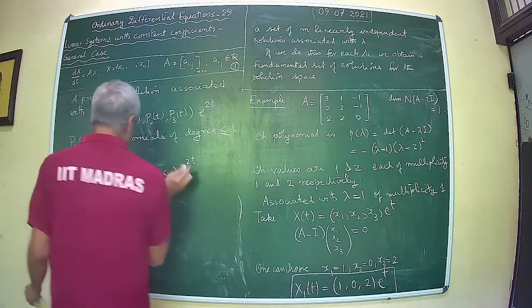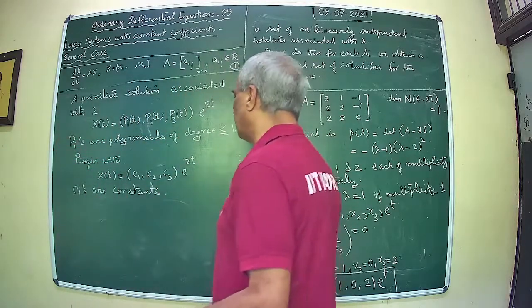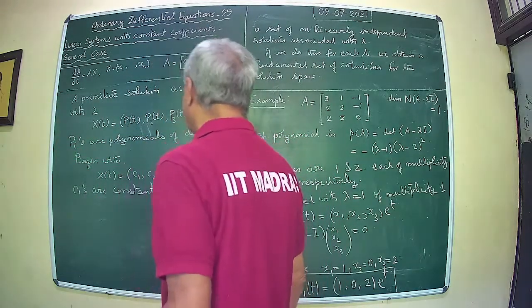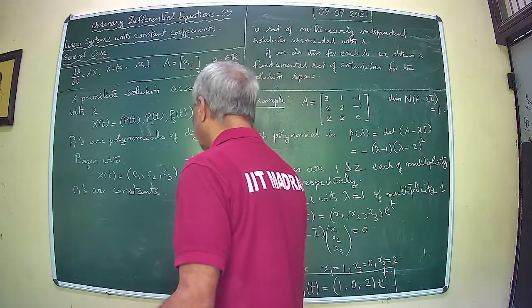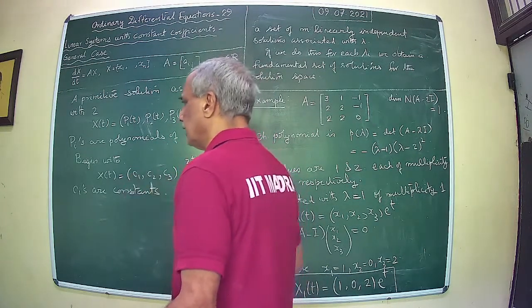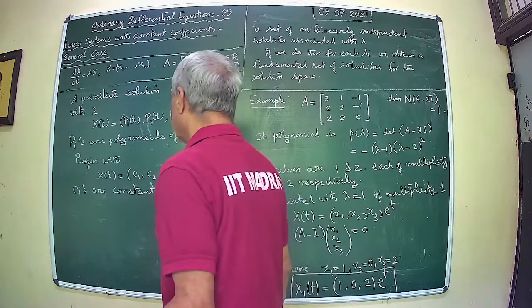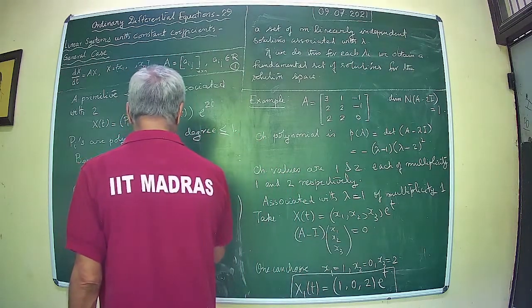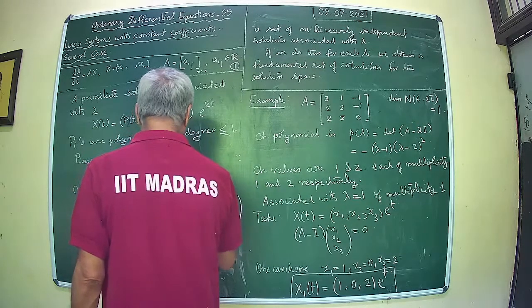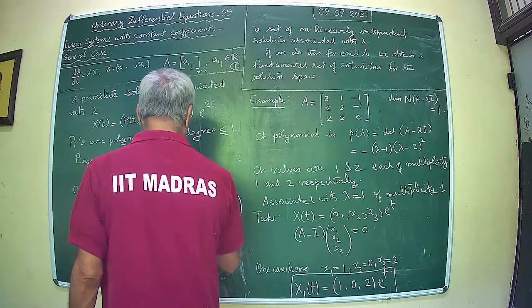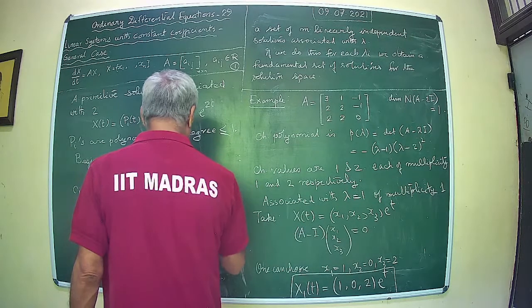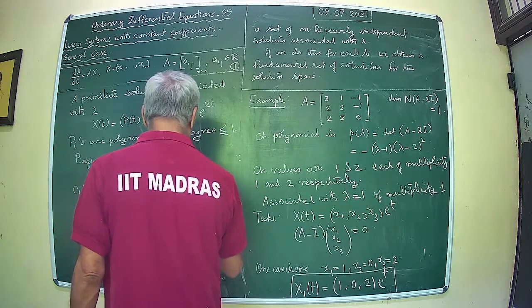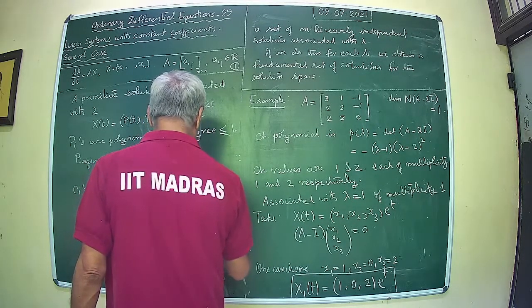Or in short, you are taking P1(t) equal to C1, P2(t) equal to C2, P3(t) equal to C3. They are polynomials of degree 0.